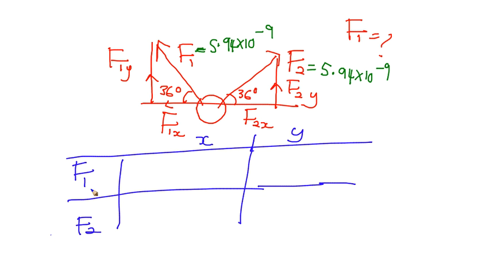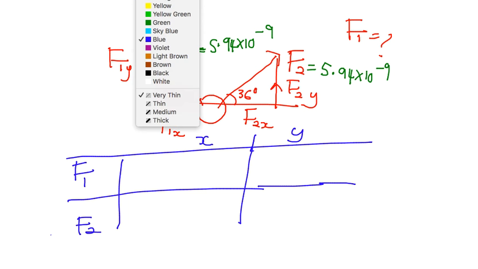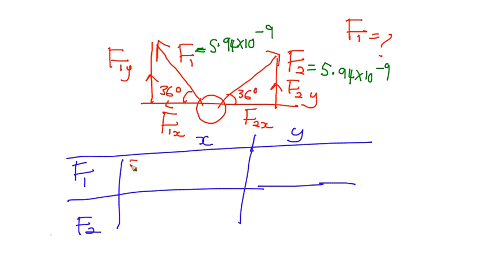Okay, so you can resolve F1 to the X, F1 to the Y, F2 to the X, and F2 to the Y. F1 is equal to 5.94 exponent minus 9. You resolve to the x-axis using the angle 36, this is cos 36, right?